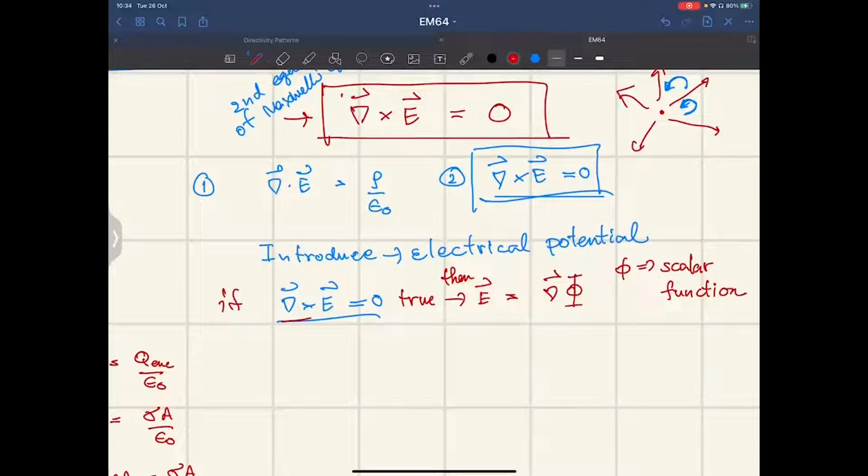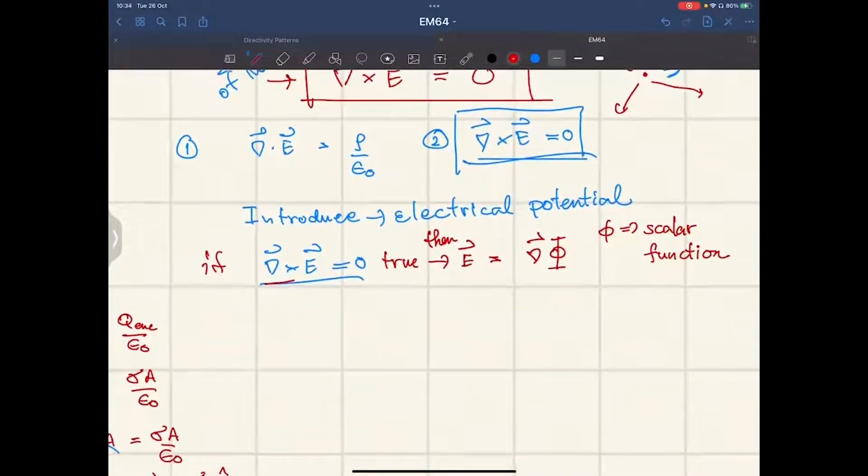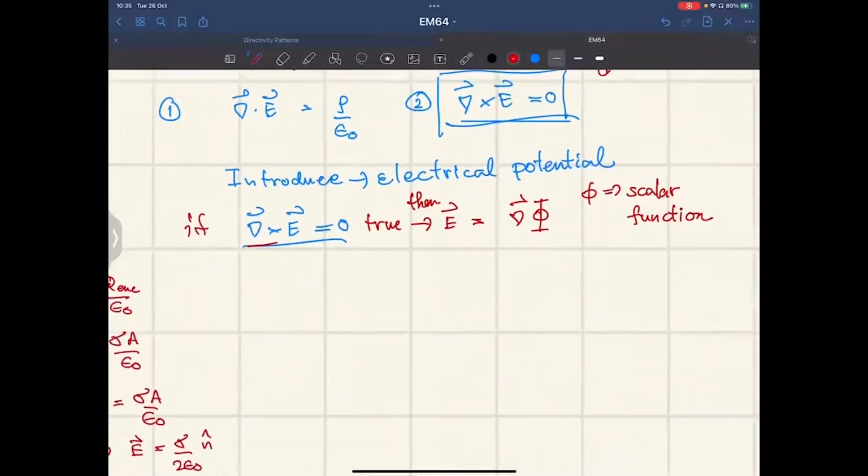No? Does anyone know what the next step is that we are going to take? No one says anything. Okay, let me show you this.